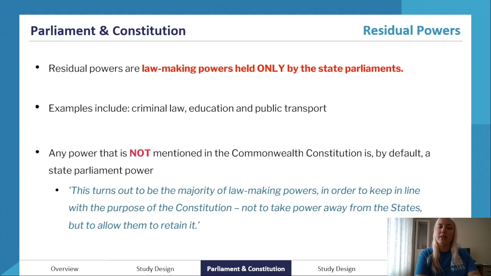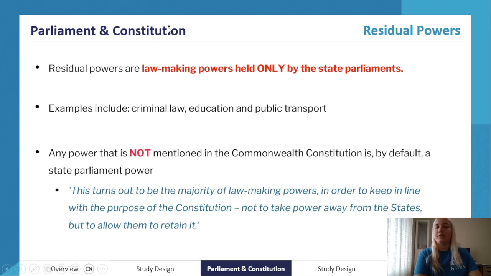So the Constitution aimed to bring them together and leave them most of their powers and allow them to retain it, to help encourage them to establish a single country and a single Commonwealth Parliament. And that was the whole purpose of that Constitution.